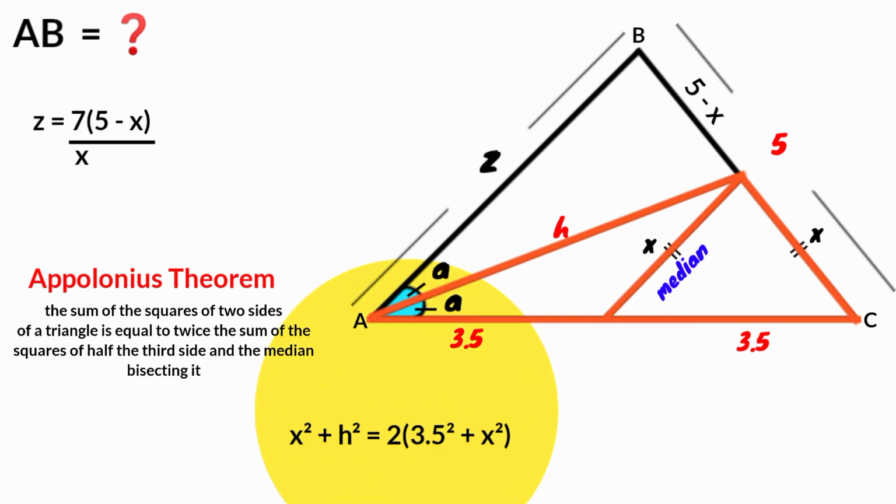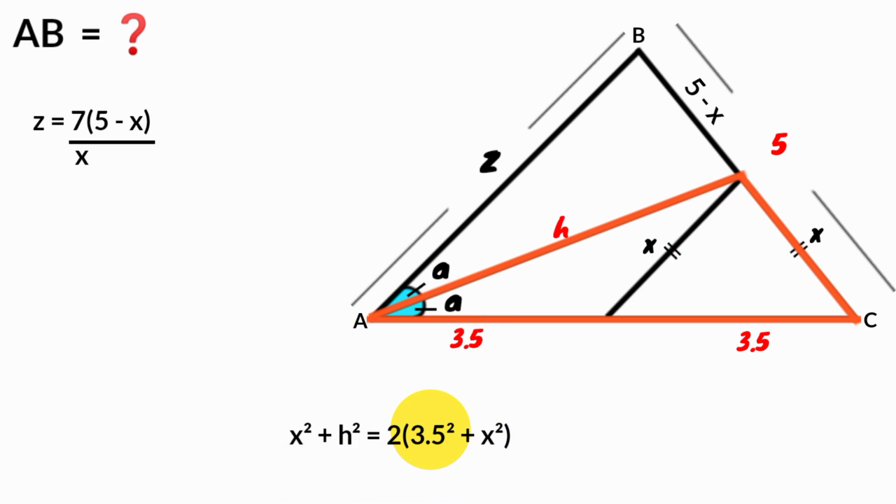So x squared plus h squared equal to 2 into bracket 3.5 squared plus x squared. Here 3.5 is the same as 7 over 2. 7 over 2 all squared is 49 over 4. 2 multiplied by 49 over 4 plus x squared is 49 over 2 plus 2x squared. Bring this x squared to the left. 2x squared minus x squared is x squared. So h squared equal to 49 over 2 plus x squared. Keep this equation aside.